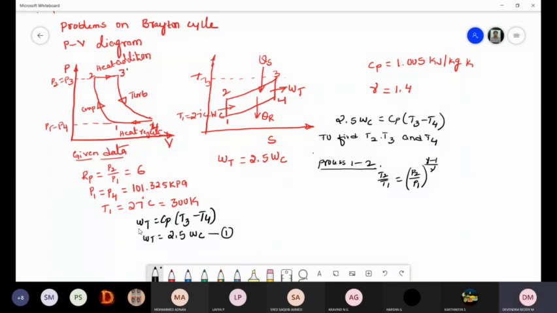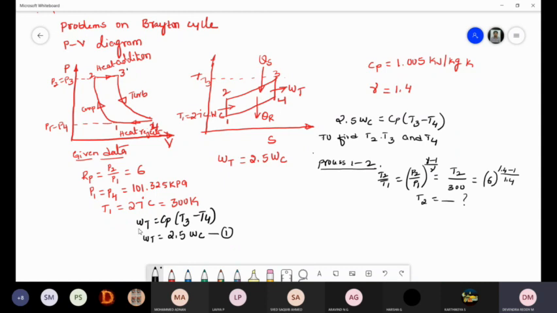And now, do we know the T2 value? We don't know the T2 value. And what is the T1 value? 300 Kelvin. What is the ratio of pressure, P2 by P1? 6. Can you solve this to find T2?